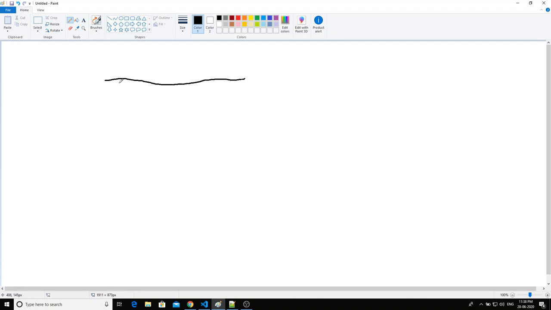Now mark any point on this line. Let's say I marked it here. Think of the length of the line up to here as a, and the length of the line up to here as b. So the total length of this line will be a plus b.